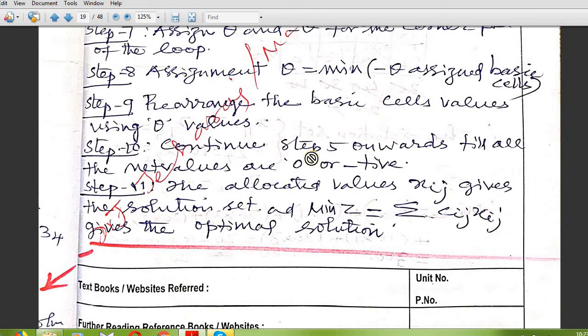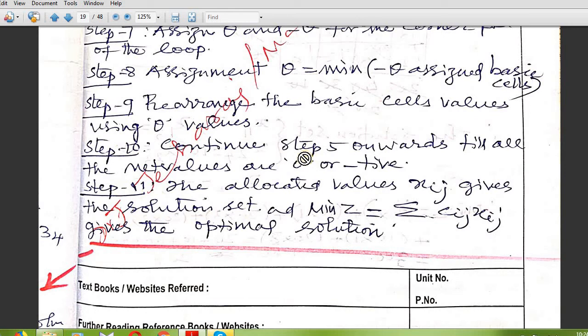Step 5 involves calculating the fixed cost for the basic cells. So afterwards we have to come again, find the net values, and from the net values draw the loops. After drawing the loops we assign the theta values, the minimum among the minus theta places, and then our assignment will change and a new structure will be obtained.